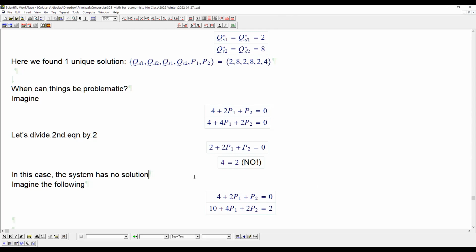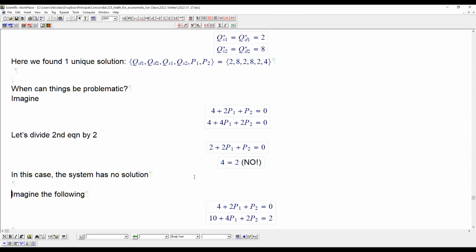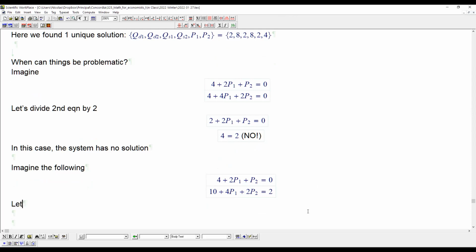How about this? How many solutions do I have? Yes, in this case, let's subtract 2 and divide by 2. So I get -2 on both sides.